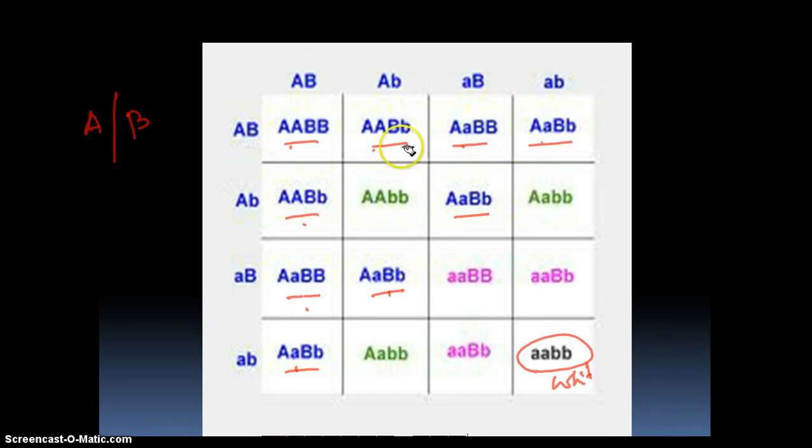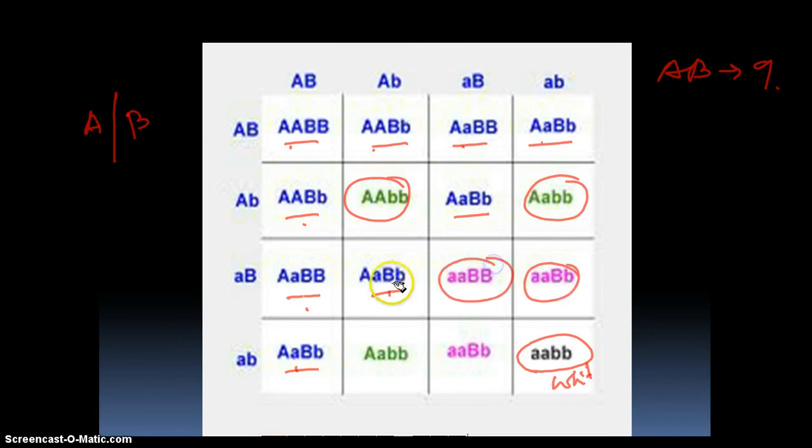All these 9 genotypes have both capital A and B present, and the rest of the genotypes, the 7 rounded ones, are those where either capital A is not present, so the genotype carries small a, or small b.